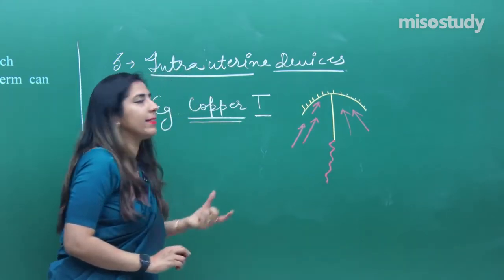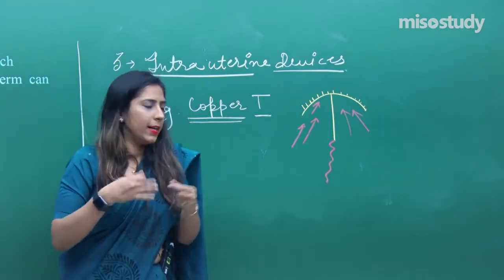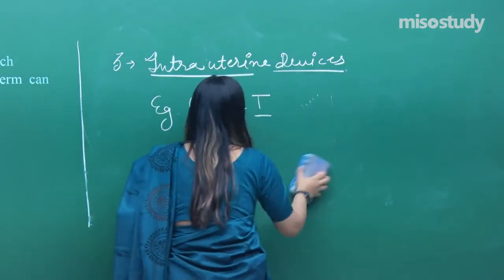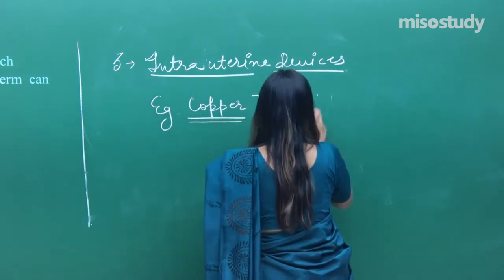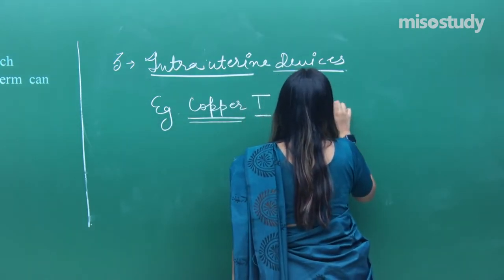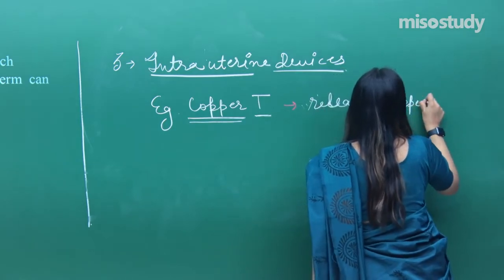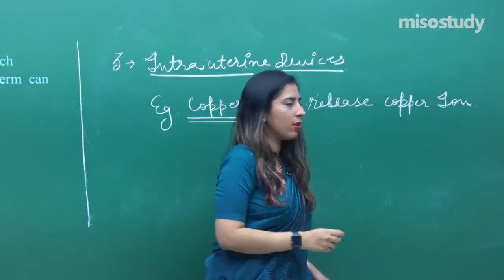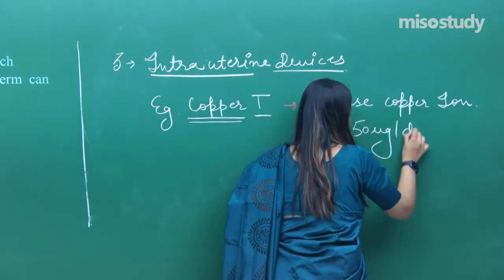These copper Ts release copper ions at a very frequent rate, every day around 50 microgram per day. They release copper ion, and the concentration of it is 50 microgram per day.